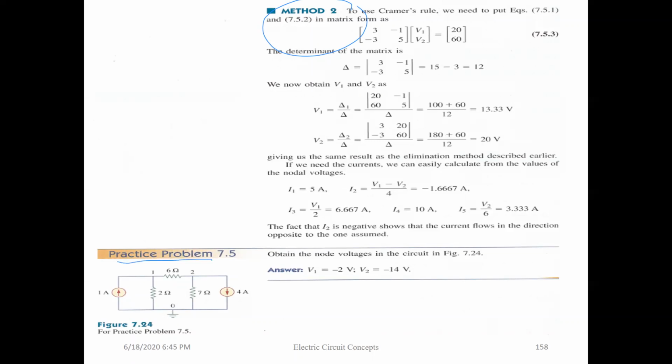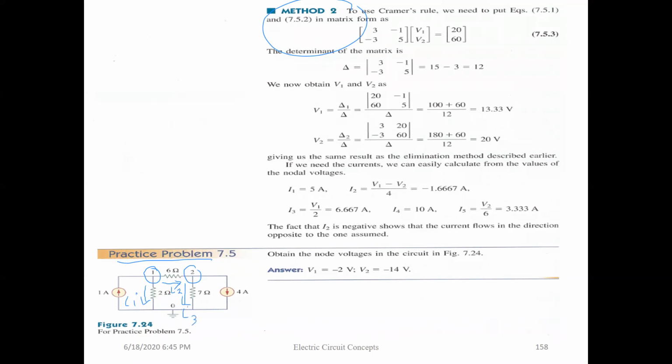So again, we have node number 1, we have node number 2. So we need to assign currents here, top to bottom, left to right. Again, if you want, you can use bottom to top or right to left, that's up to you. So let's name this I1, this I2, and this I3.